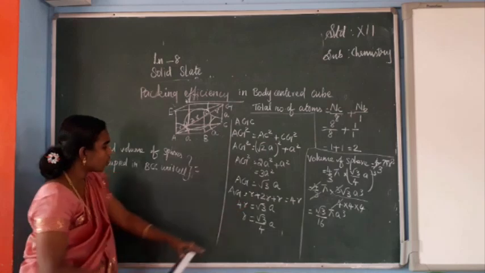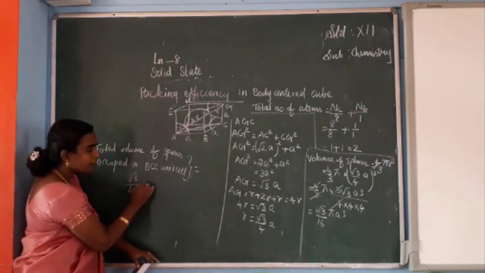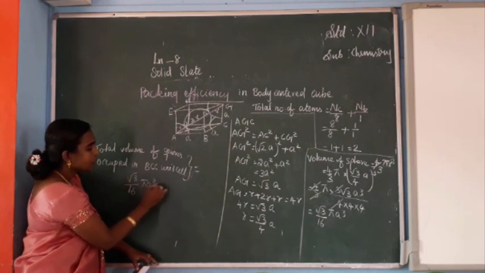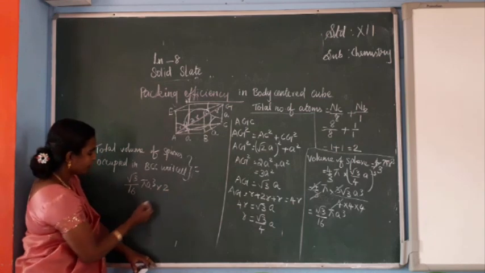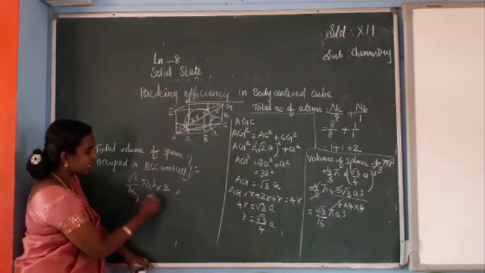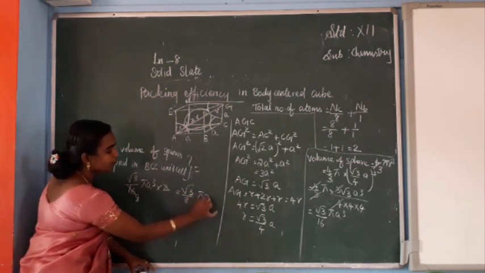The value is root 3 by 16 pi a cube, multiplied by the total number of atoms, 2. This and this we can cancel, giving 8. So you are getting root 3 by 8 pi a cube.